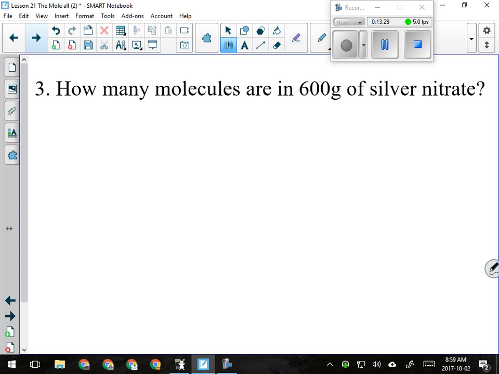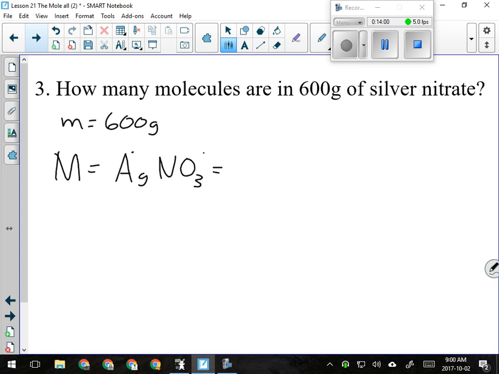All right. So here's what we're given. We're given mass, 600 grams. What else are we given? We're given at least the name of the compound so we can find the formula, which means we can calculate molar mass. So silver nitrate. This is a +1 and this is a -1. So that formula is already dropped and swapped correctly. Silver is 107.87 grams.